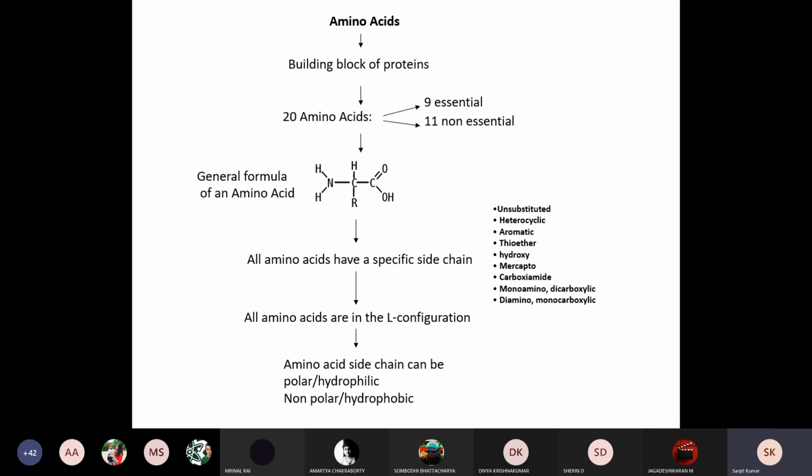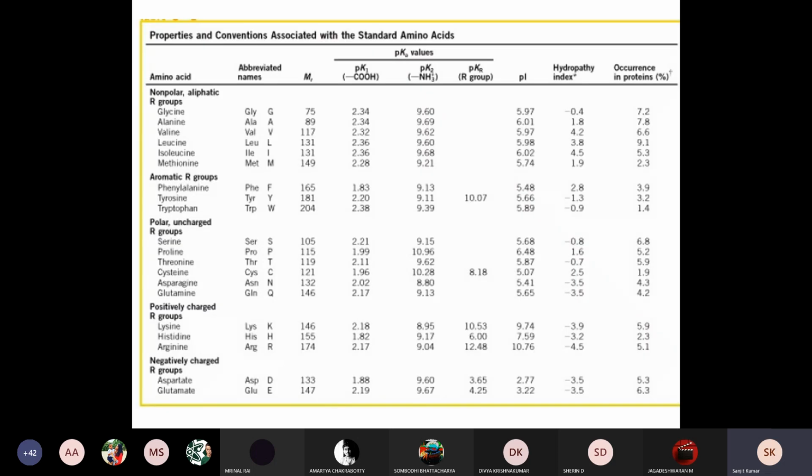These I have just prepared for you, the building blocks of protein. No need of this, you just remember, not too much. Sometimes I need the hydropathy index for some course, not always.